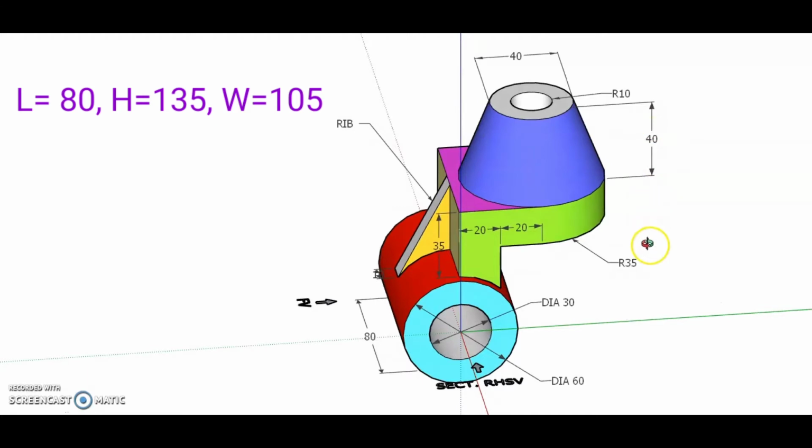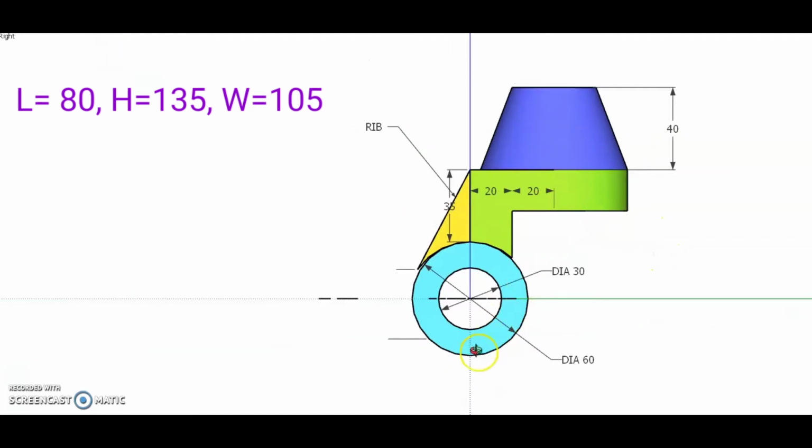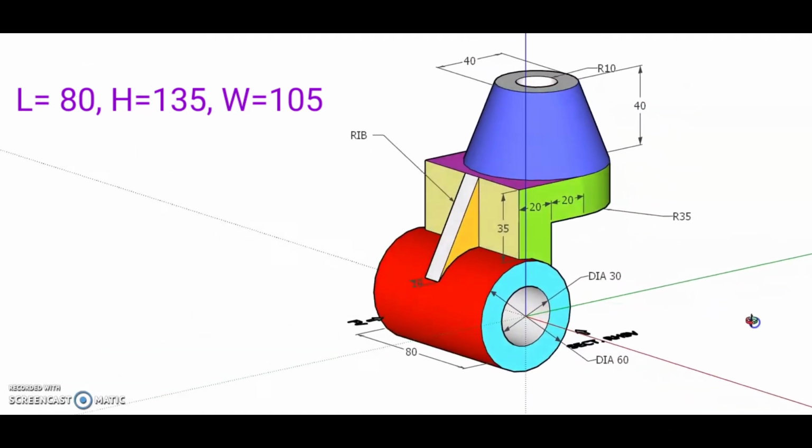So overall height is 135 millimeter. If we look in this direction, this is 60 plus 35, 95, and 95 plus 40. So the overall height is 135.